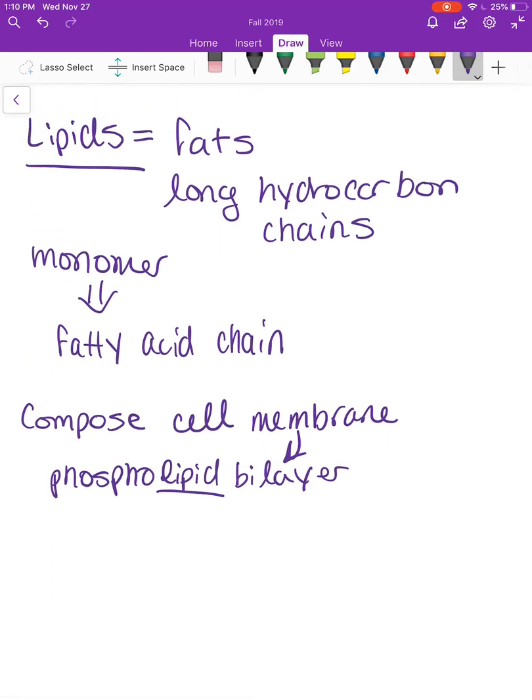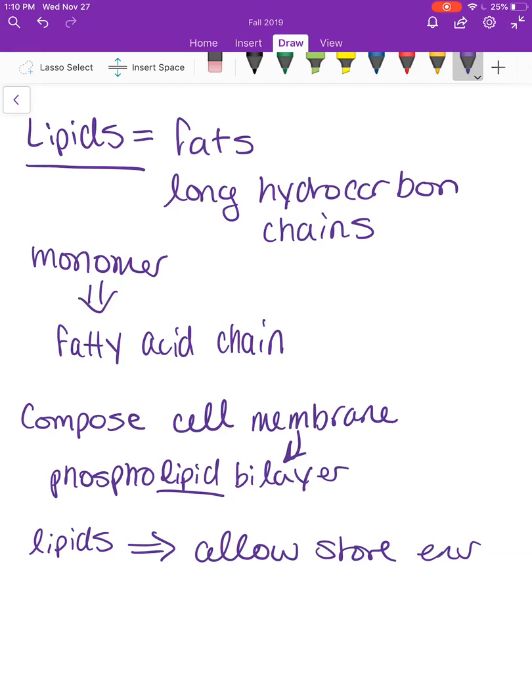Lipids are also how we store fat. So lipids are the macromolecules which allow us to store energy in the form of fat.